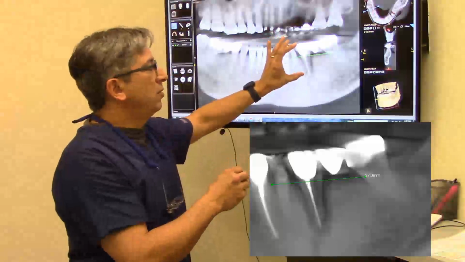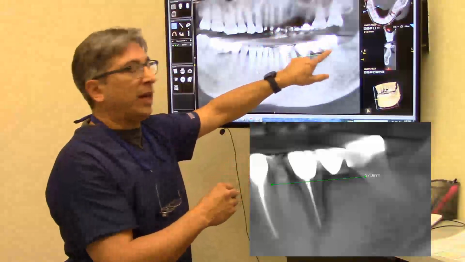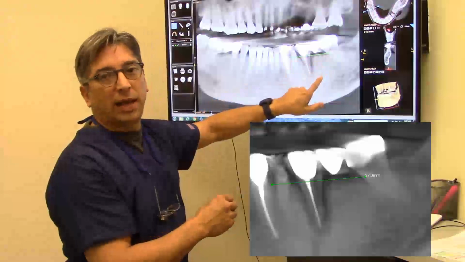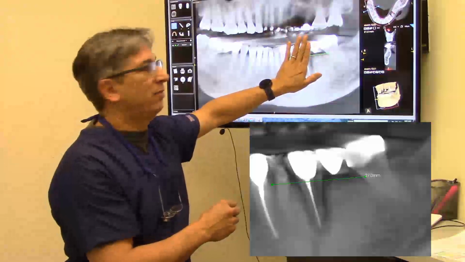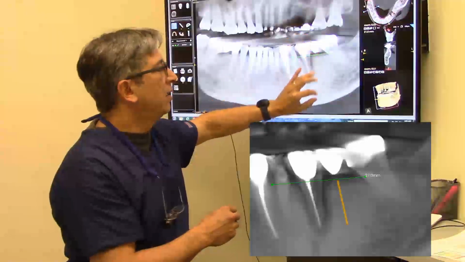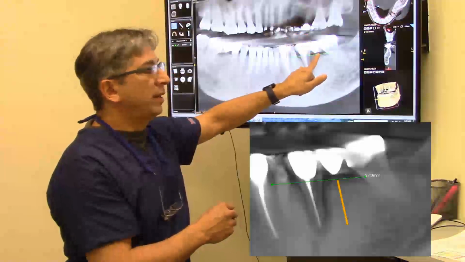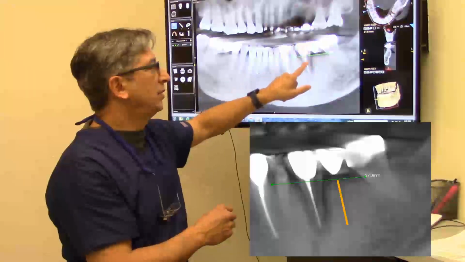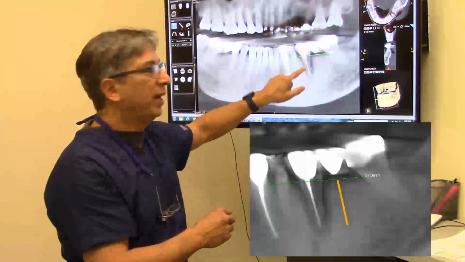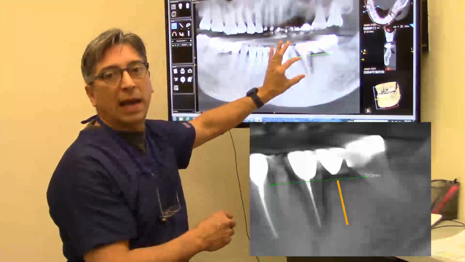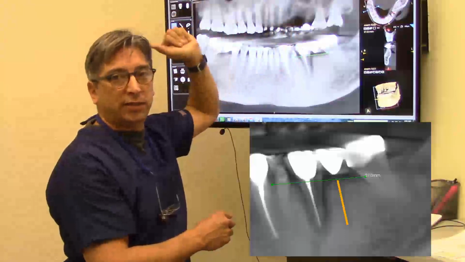If we don't do that, implant to natural tooth, that means we have to have an implant in this edentulous site right here. So we have to evaluate this site for an implant, as well as the predictable outcome that we're going to get bone back in this site when this tooth gets taken out.